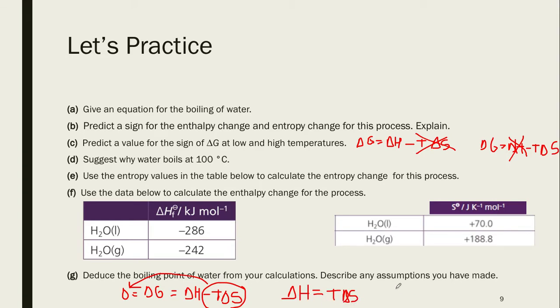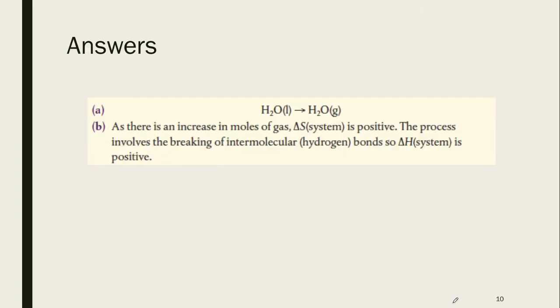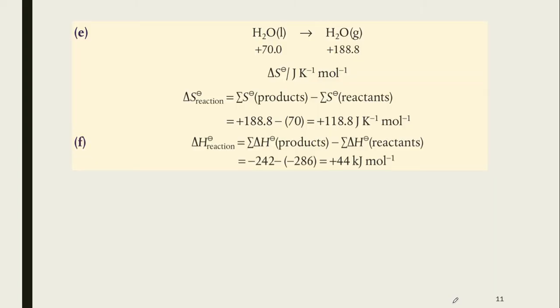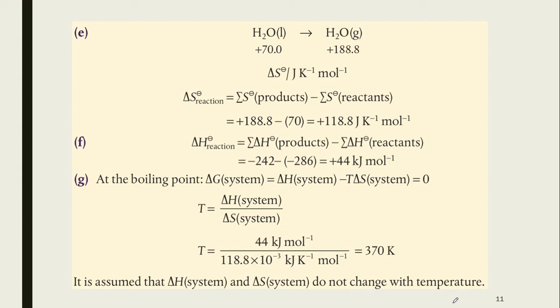If we want to find the boiling point, which would be our temperature, temperature is going to be equal to delta H divided by delta S. And we just calculated delta H and delta S in the previous question. When we do the math, this is where the units play a big role.